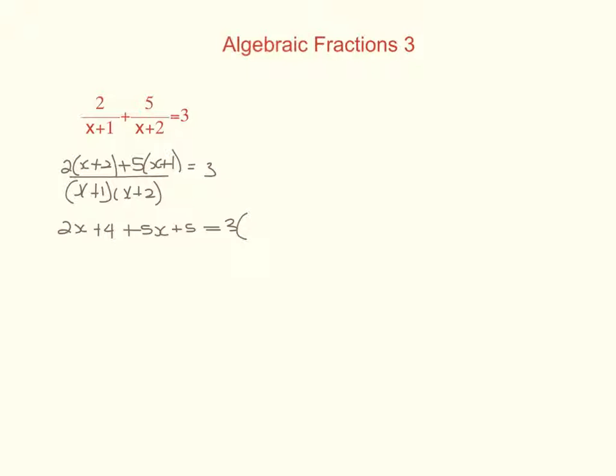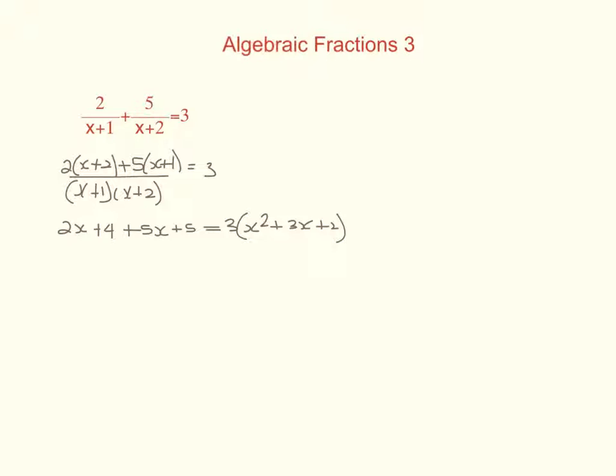So 3 into x squared plus 3x plus 2. If you don't know what I've just done, then take these brackets out separately and multiply, I don't know, using FOIL or the grid method or whichever method you like, but x times x is x squared, then I'll have 2x plus that 1x gives me 3x, and then 1 times 2 is 2.